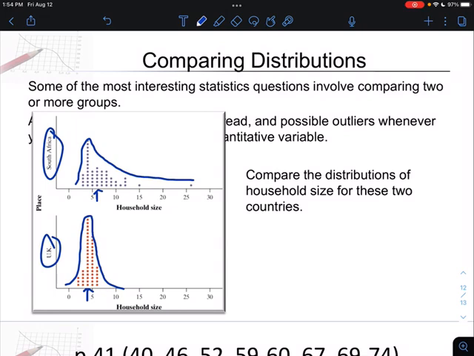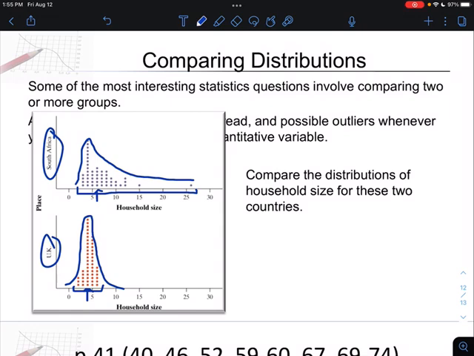And then as far as spread, we see that the UK households are all within this range of values here. If we wanted to calculate the actual range, we would take 6 people minus the 2 people, and so we'd have a range of 4. But if we went to South Africa, it has a much larger range. It goes all the way from 3 people in a household all the way up to 26 up here.